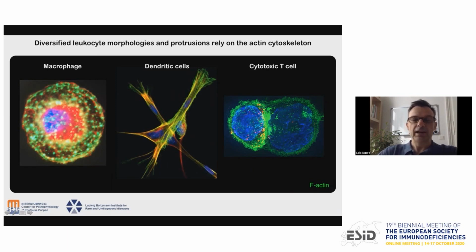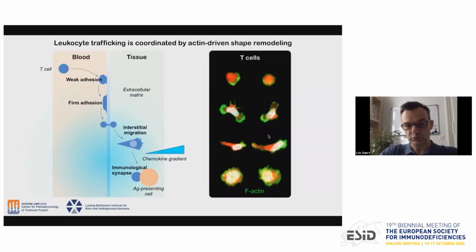And here on the right, a cytotoxic T lymphocyte assembling an actin-rich immunological synapse at the contact with the target cell. In addition to controlling the shape of individual cells, the actin cytoskeleton is also very important to induce shape remodeling during the trafficking of leukocytes. So for example, here is a T cell crossing the endothelial barrier, migrating through tissue in response to a chemical gradient, and stopping migration when it encounters an antigen-presenting cell and assembles an immunological synapse.